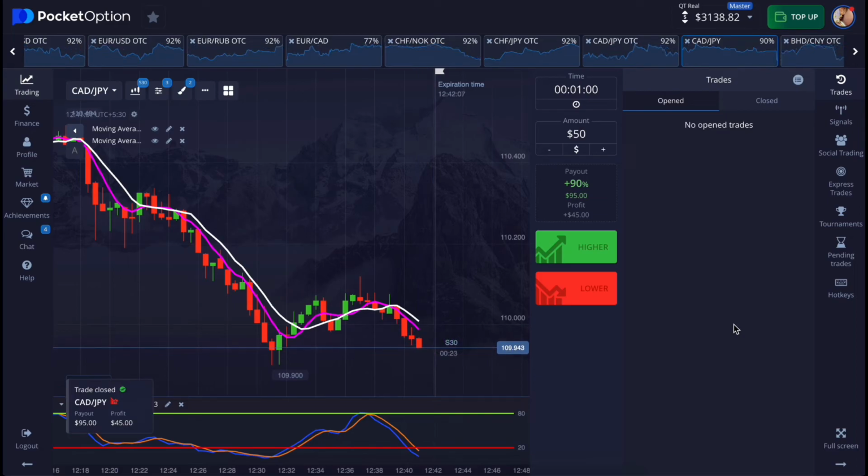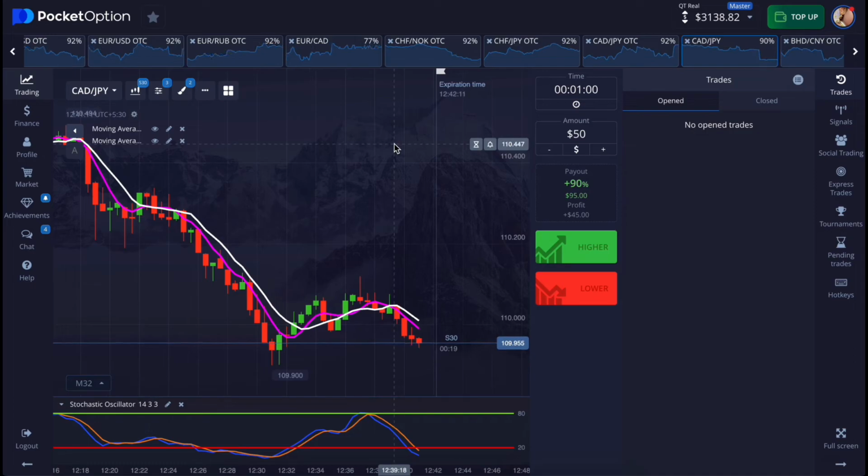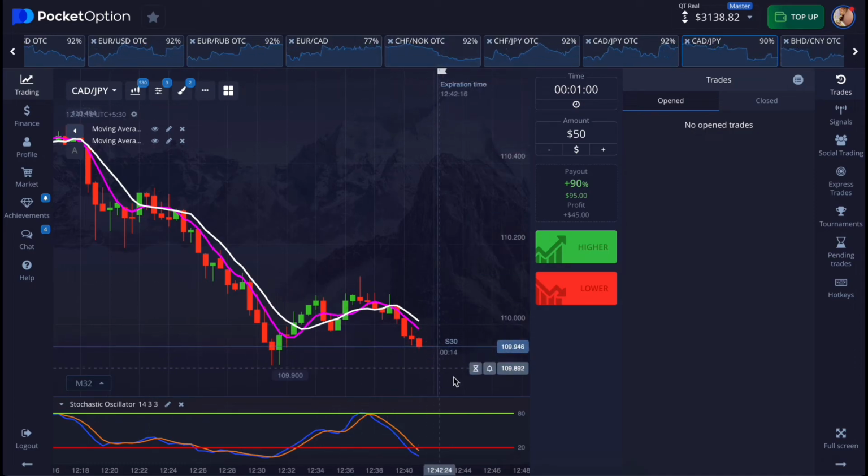So our trade has won here, but the market has just started going down, and due to the downtrend, the market can go down further. Therefore, we will place an entry here once again.